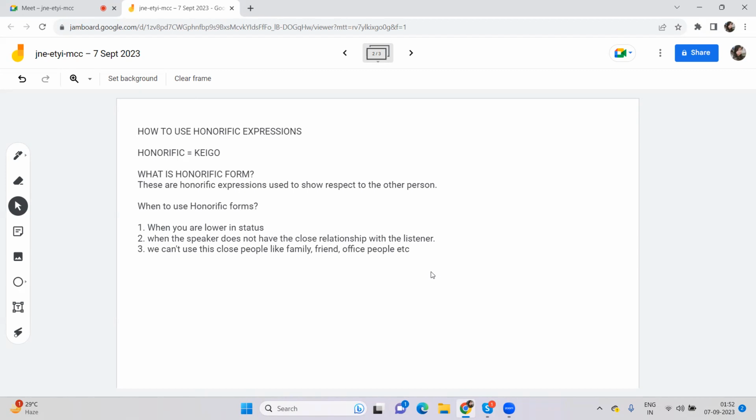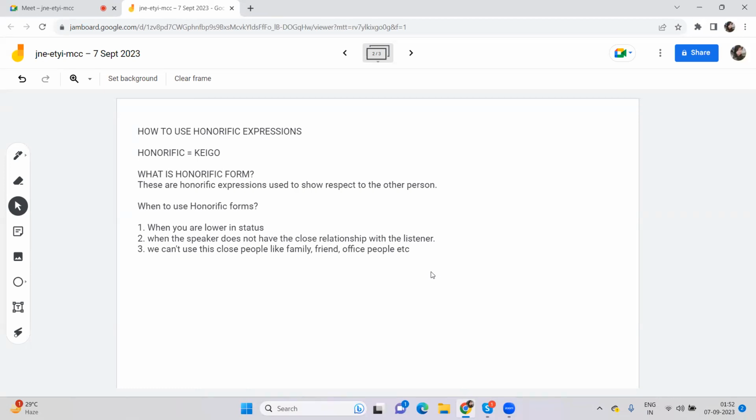Third point: we can't use honorific expressions with close people like family, friends, office people, etc. You may say, ma'am, we already have senior people in our home, so why can't we use these forms? Sometimes when you show more respect to a close person, it does not show closeness between you.